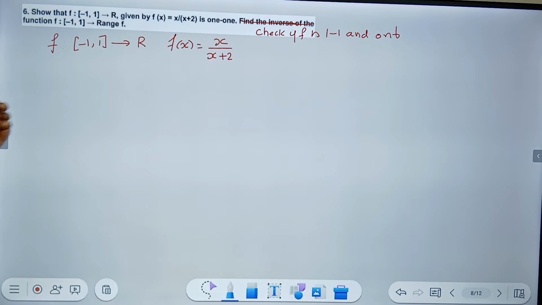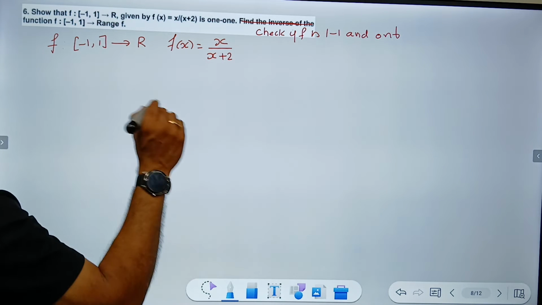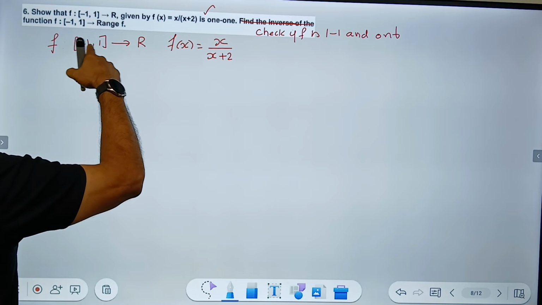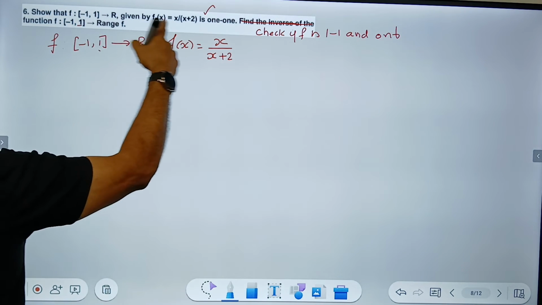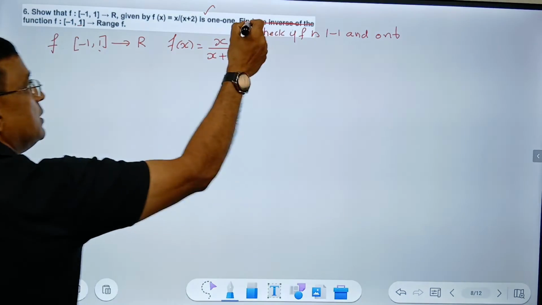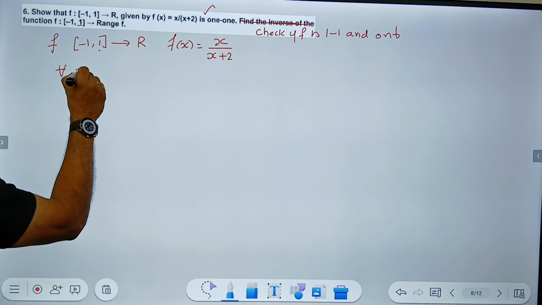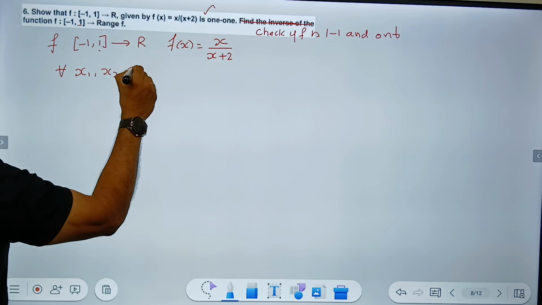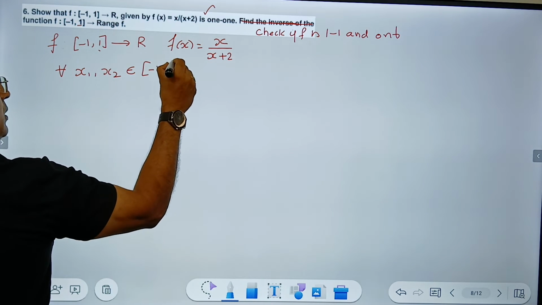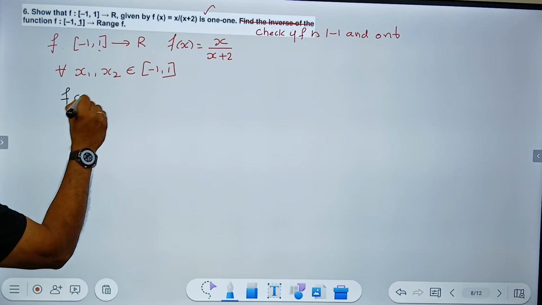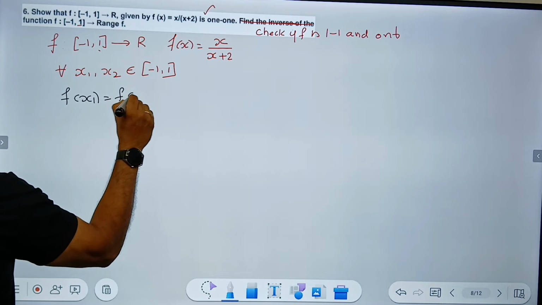First, the first part of the question is I have to check whether it is 1 to 1 and onto from -1, 1 to R. This is the first part I need to check. So let's do that first. We'll come to the second part a little later. For every x1, x2 belongs to -1, 1, f of x1 equal to f of x2.